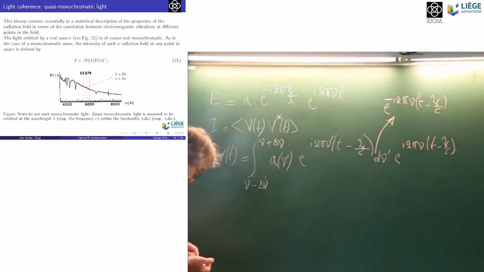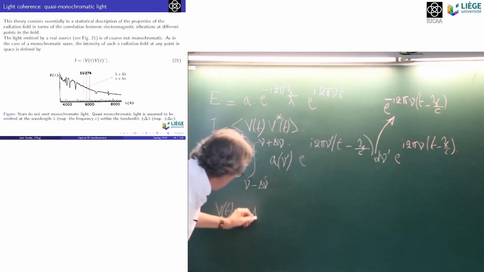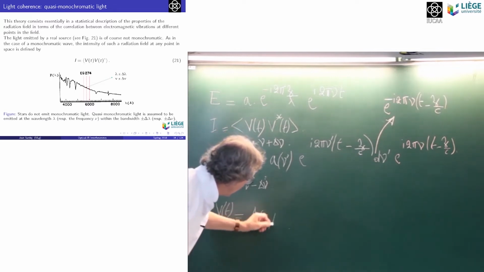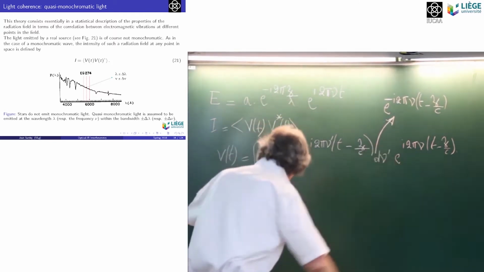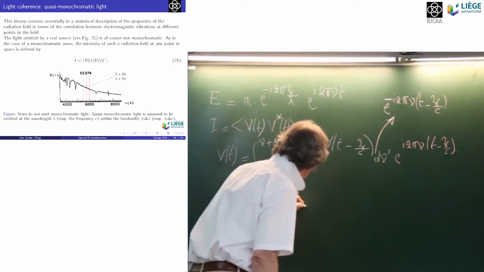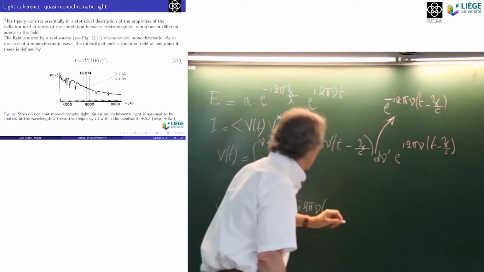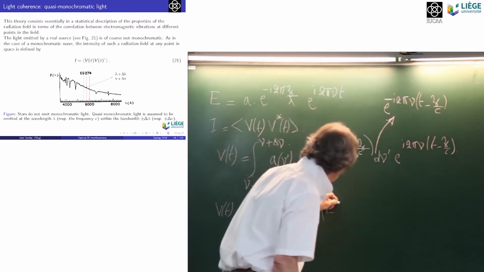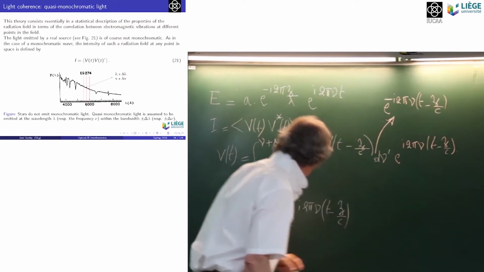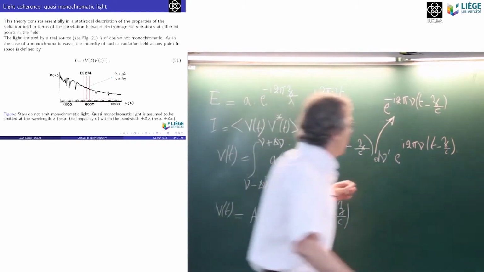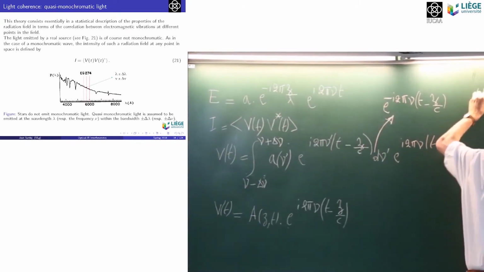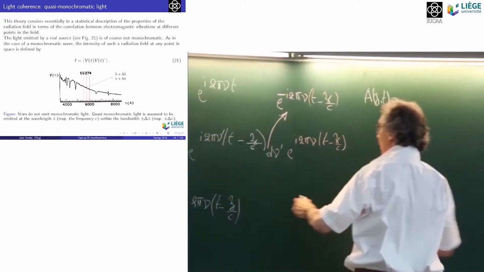I can say that the representation of the electric field takes the following form. It is an amplitude which will depend on the space and time variables multiplied by this quantity, e to the 2 pi i nu times t minus z over c. Now I have to represent what this quantity is. Of course, this quantity should be equal to all of this.